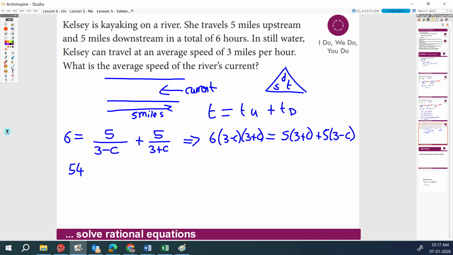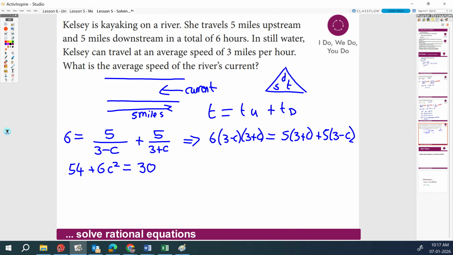Inside this is a conjugate, so there's no middle term, and then we're going to get c squared plus 6c squared. Opening up over here, we're going to get 5 times 3 plus 5 times 3. So 5 times 3 is 15 plus another 15, 30. And we'll get 5 times c, which is 5c, and 5 times minus c, and these two will cancel.